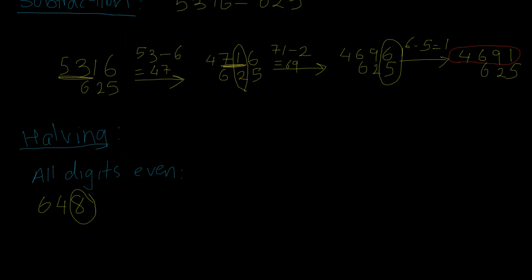So in this case 8. When all the digits are even, you simply take half of each digit, and that will give you the answer. So half of 8 is of course 4. So the last digit is 4.